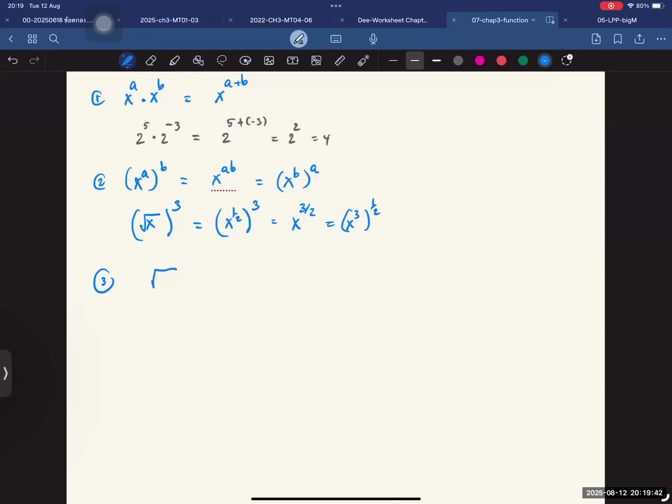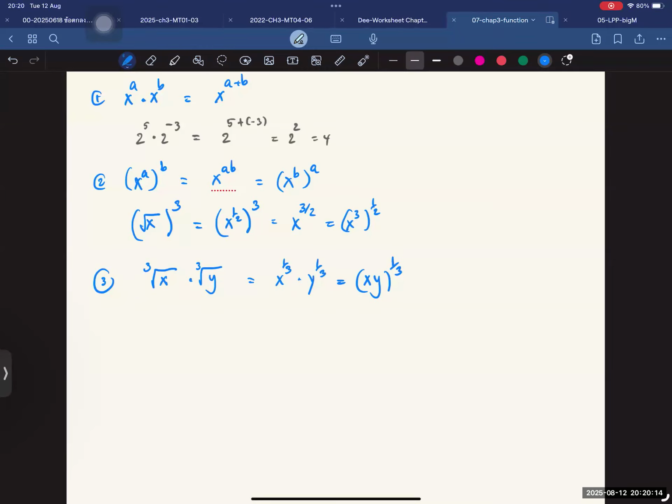For example, we have the cube root of x times the cube root of y. This can be written as x to the power of 1/3 times y to the power of 1/3. So we have different bases, but we have the same power. So that is like we have x times y, to the power of 1/3.